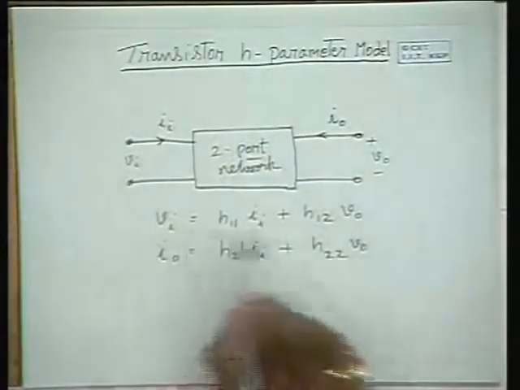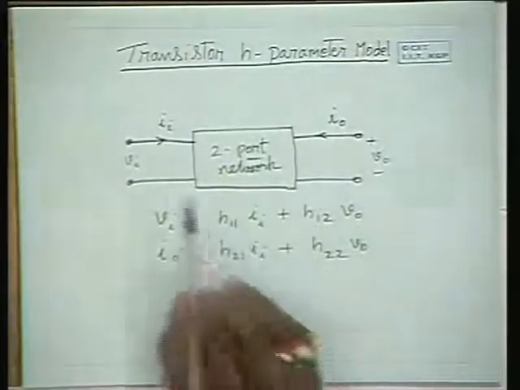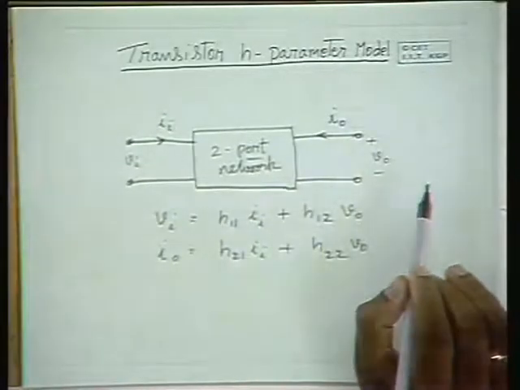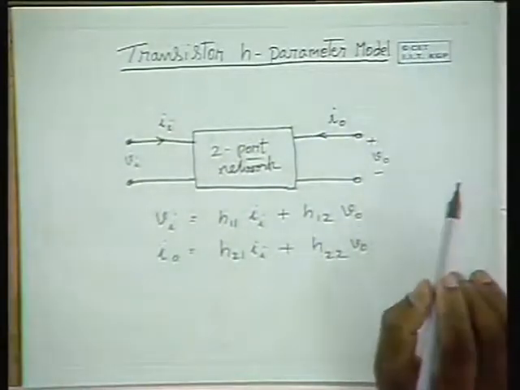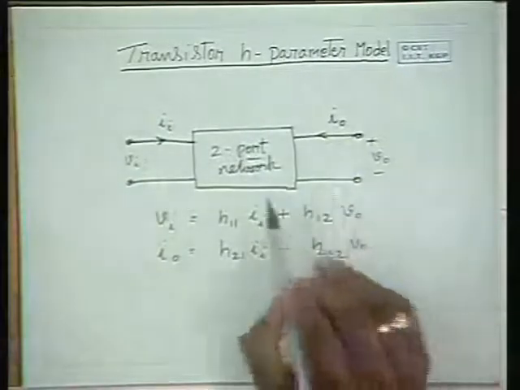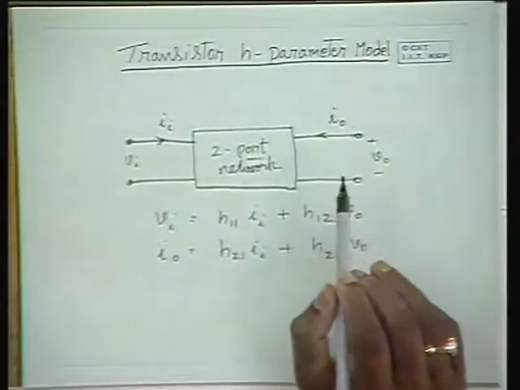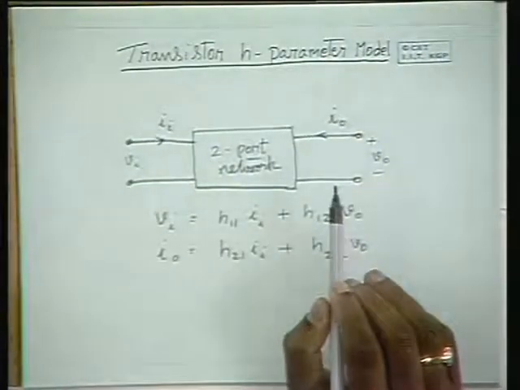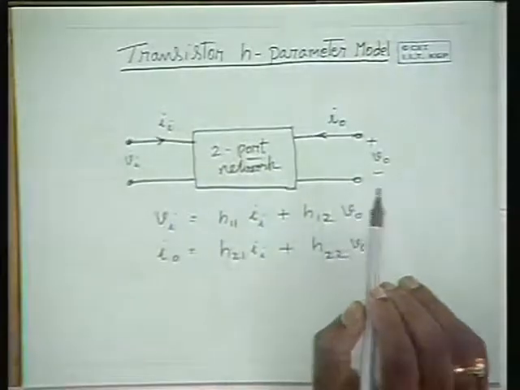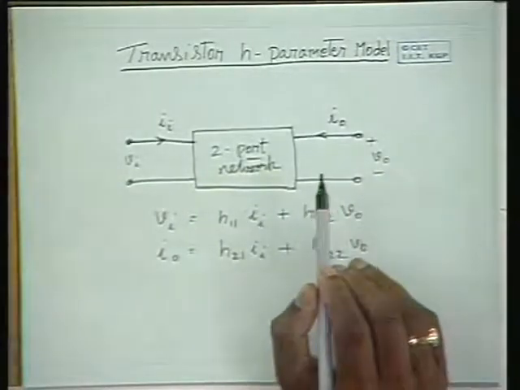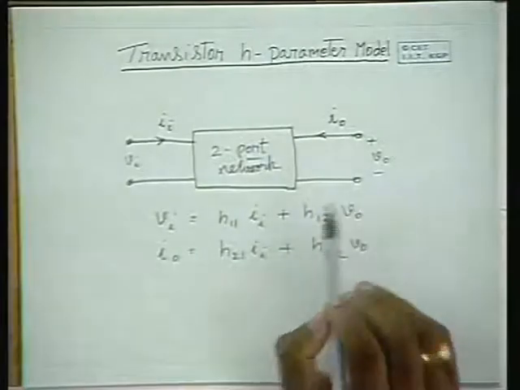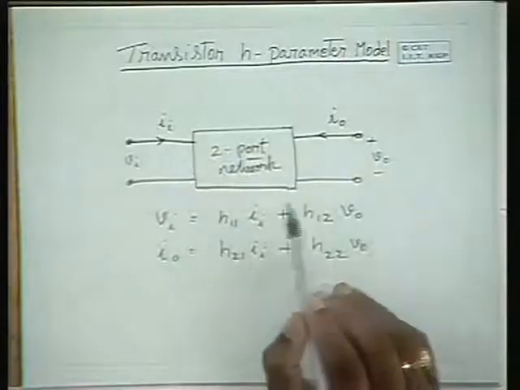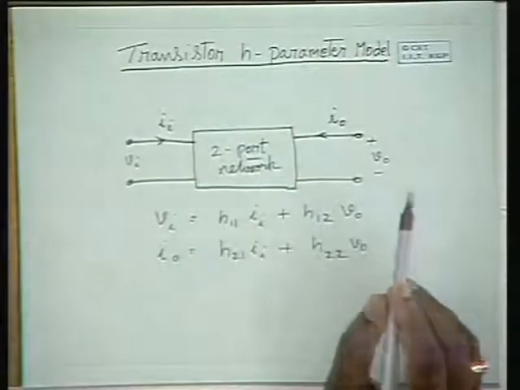Please note that this kind of model is applicable only for linear circuits. So that means the transistor is considered to be a linearized circuit, and that is applicable only for small signals, because for small signals the characteristics can be approximated by piecewise linear characteristics, and you can approximate the transistor by a linear model.